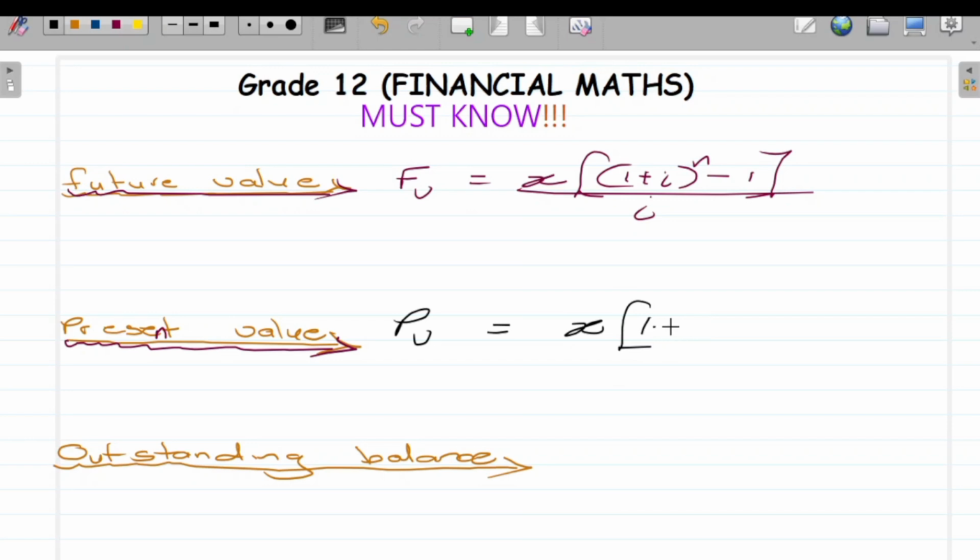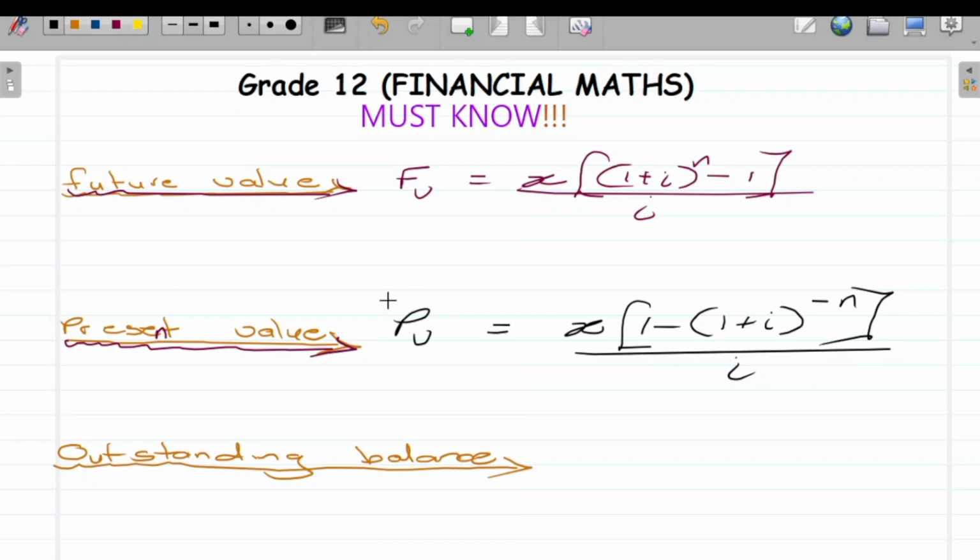So you are now trying to find out how much you need to pay per month if you are given a specific period, or how long it's going to take you to pay the loan if you are given the amount that you are paying per month. All right, so here we're just going to say 1 plus i and then minus n, and we divide it all by i. So you can notice that these formulas are almost the same.